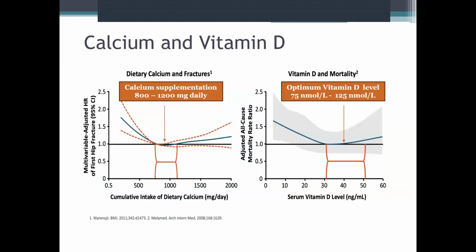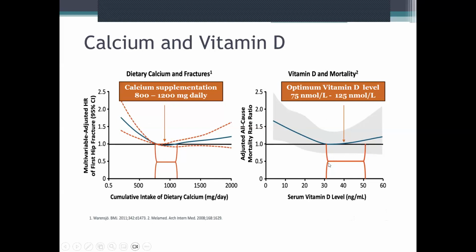When we look at the relationship between calcium and fractures and adjusted all-cause mortality rate, most of the time, if their intake is between 800 to 1,200 milligrams daily, that would be ideal.